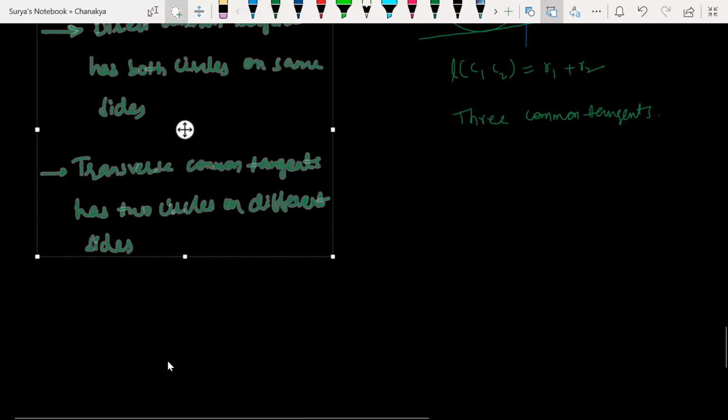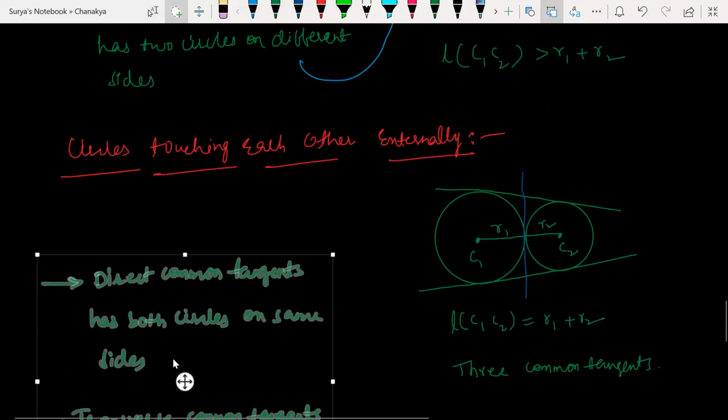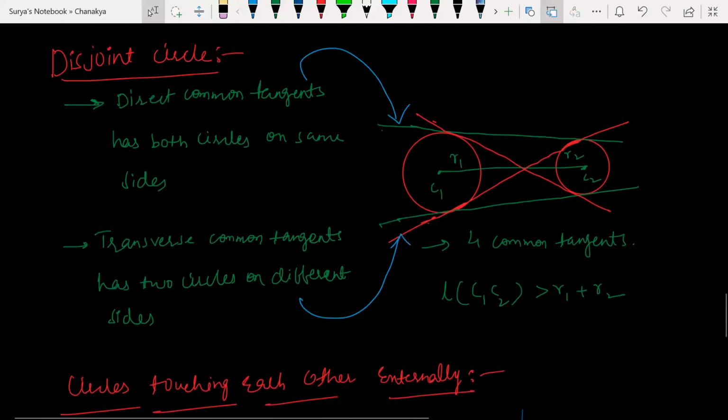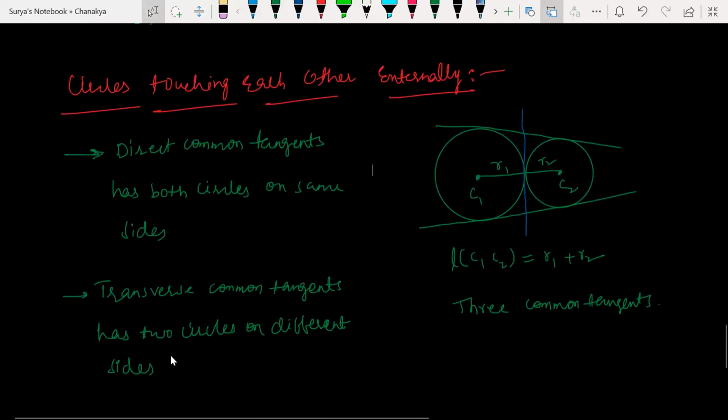There you go. Same points. There's no changes at all. Direct common tangents has both circles on same sides and transverse common tangent on different sides. Blue color is a transverse one. Green color is a direct common tangent.